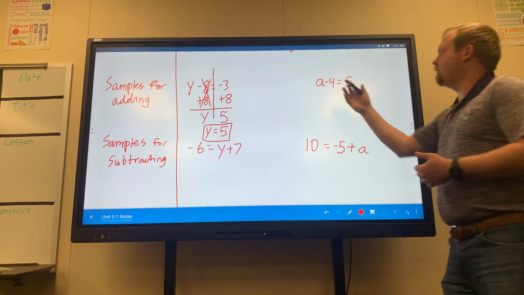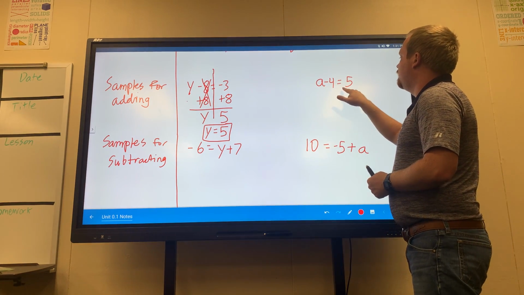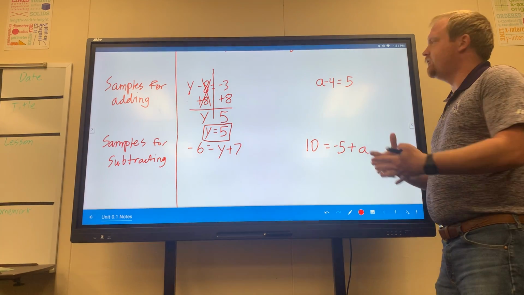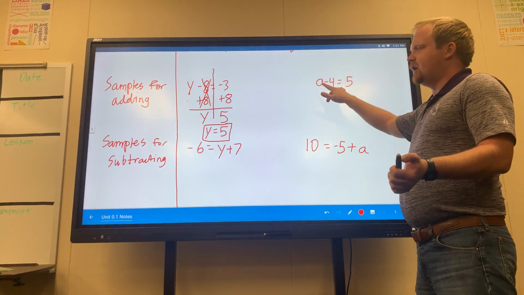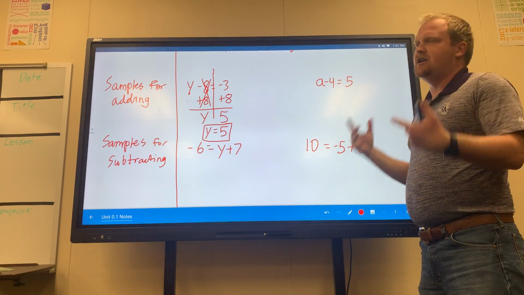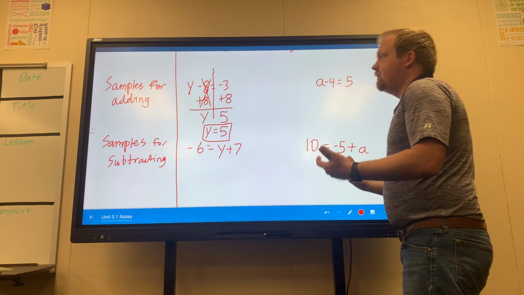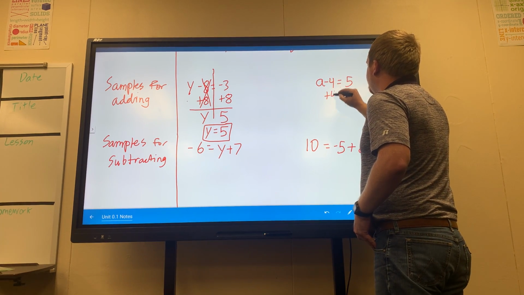Now, let's look at a second example. A minus 4 equals 5. So again, I've got to do the inverse of this operation, which is, now, the operation is subtracting. And the inverse, or the opposite of subtracting, again, is adding. So I want to add 4 on the left side.